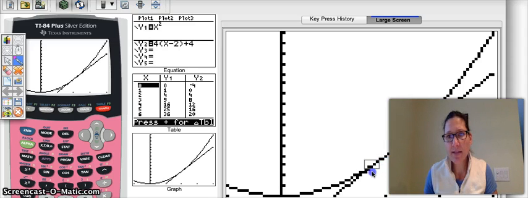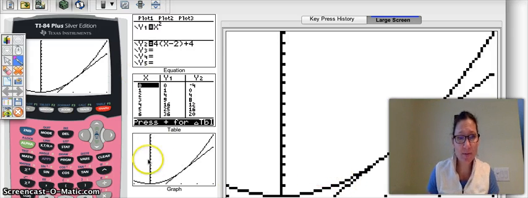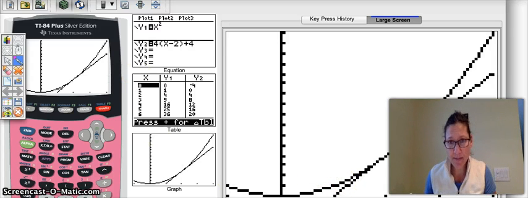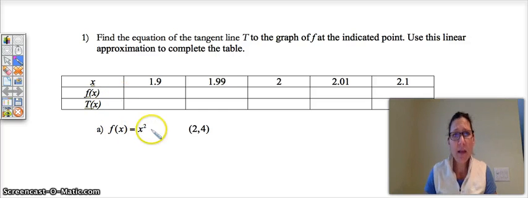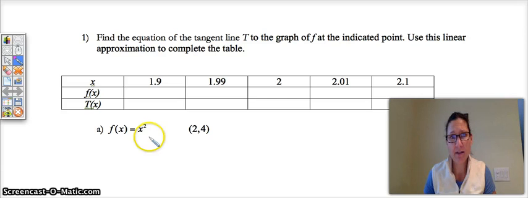It's actually smaller, from here to here. And if you look at it, the tangent line and the function look really close together. So what we're going to do is calculate those values and see where it goes. Let's go back to this. What I need you guys to do right now is find the equation of the tangent line for this function at the point (2, 4), and I will meet you back here.